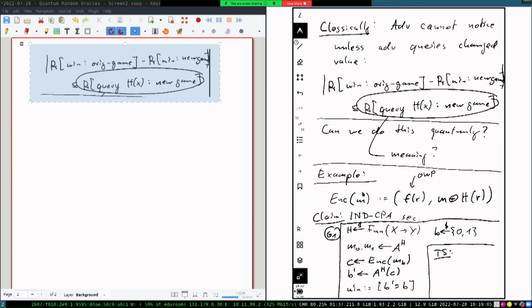What we want to show is that the probability of winning is very close to 1/2. Any questions?